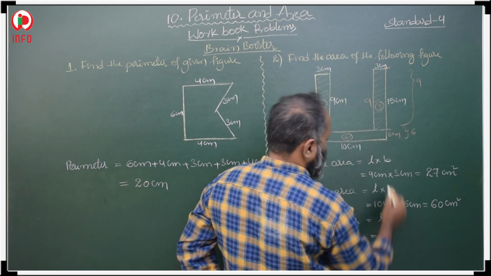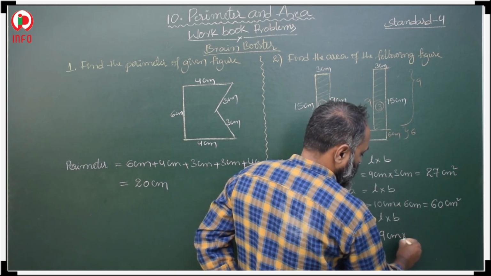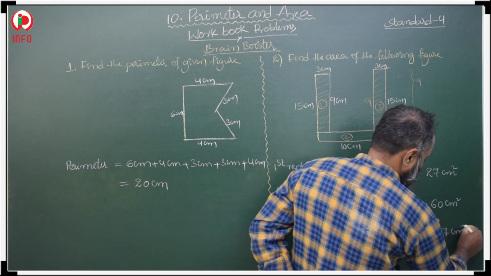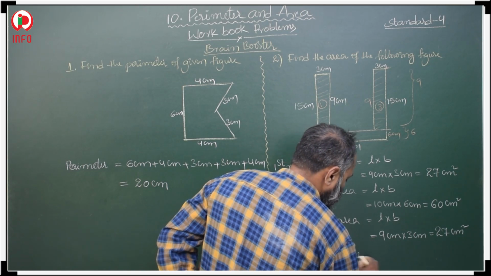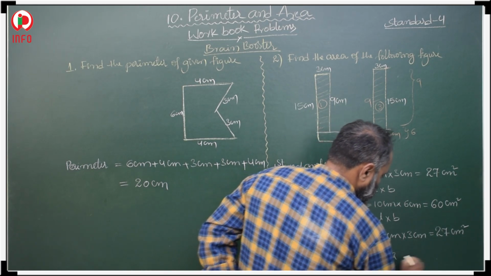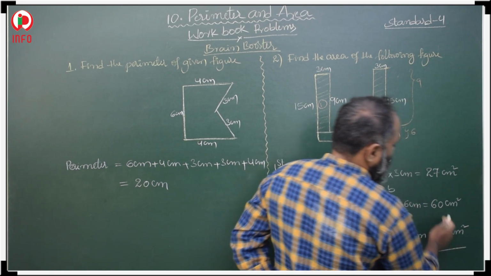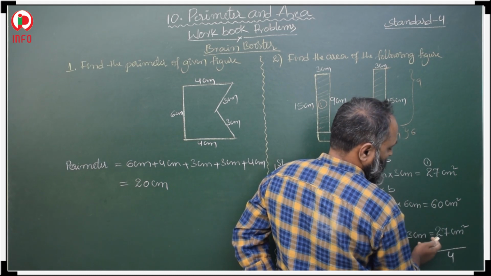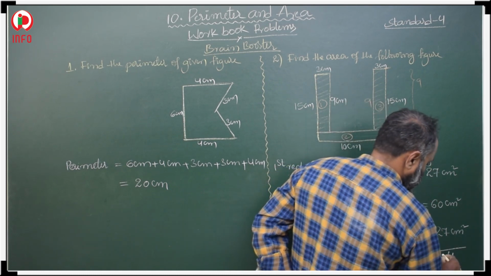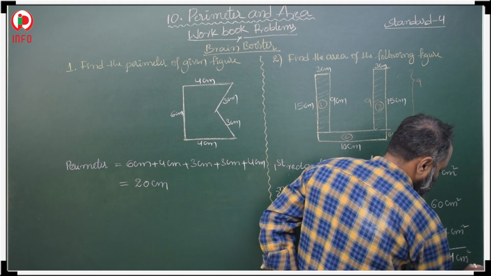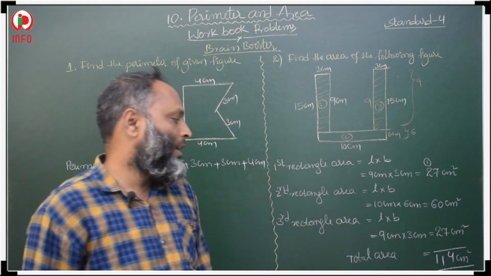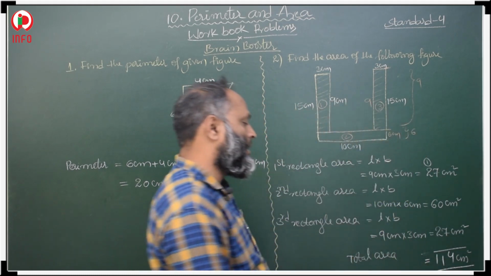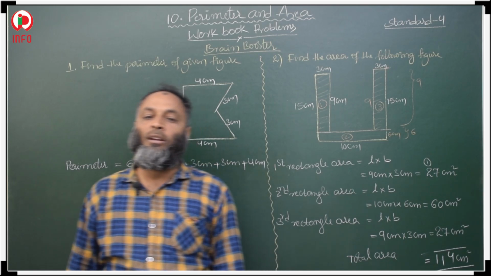The length is 9 centimeters and breadth is 3 centimeters. 9 3s are 27 square centimeters. Now, the total area is how much? 7 plus 0 is 7, 7 plus 7 is 14, and 6 plus 2 is 8, plus 2 is 10, plus 1 is 11, 114 square centimeters. So, this is the total area of this irregular shape, that is 114 square centimeters. Okay.